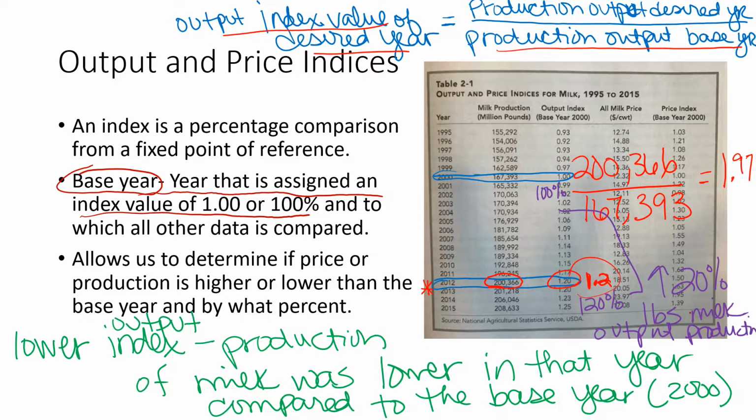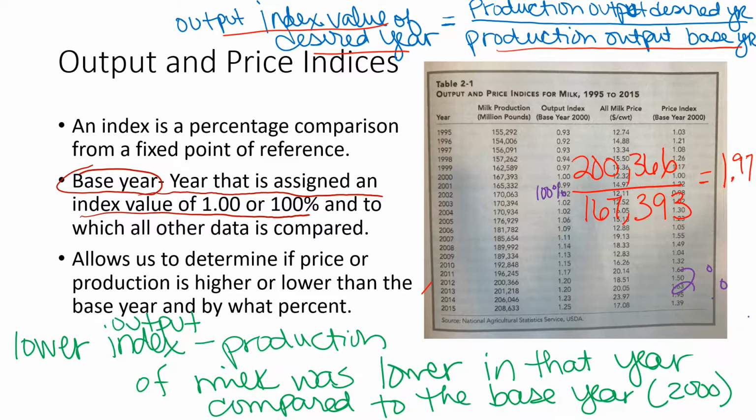Okay, now we can do index values for price as well. So I'm going to erase all this and we're going to look at this price example. So this chart has a lot of information on it because, as I mentioned, it has the output index, which is the production, and it has the price index, which is obviously the price, the dollars that the farmer is receiving.